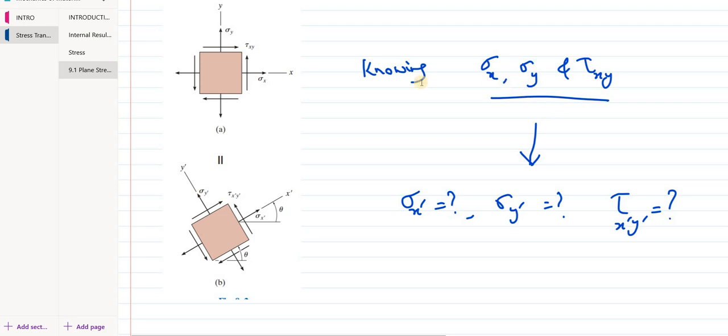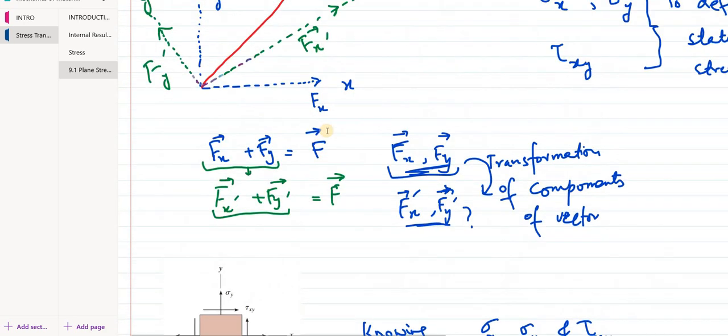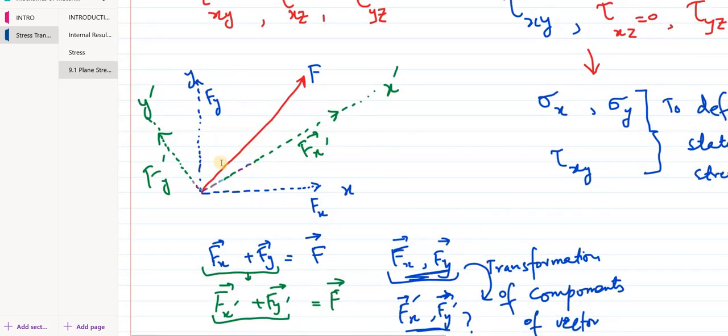So in case of a plane stress, it is completely defined by two normal stress components and one shear stress component, sigma x, sigma y, and tau xy. So the new system will also have these components, sigma x prime, sigma y prime, and tau x prime y prime.